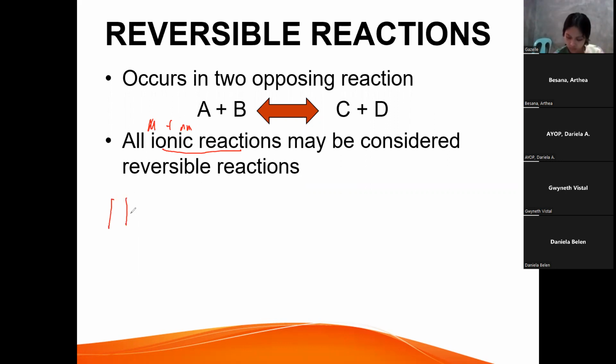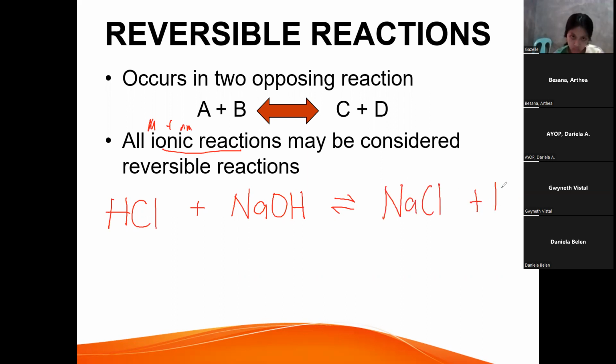Reaction between hydrochloric acid plus the sodium hydroxide. Okay, yielding, this is a reversible reaction, yielding sodium chloride plus water. Let me just write water as HOH, but that is H2O. Okay, that's water.